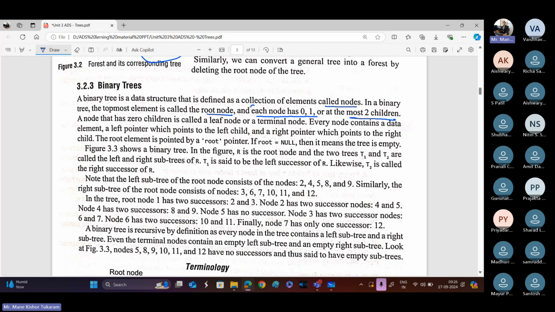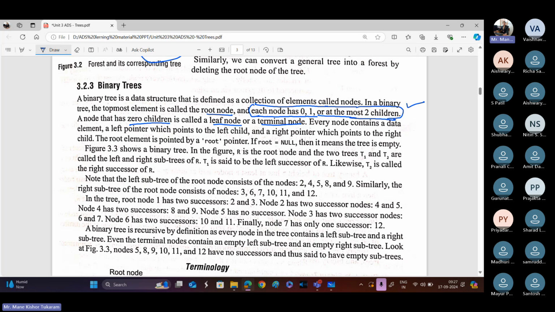Okay, so this is the most important property related to the binary tree. If the node has 0 children, it is called a leaf node or terminal node.